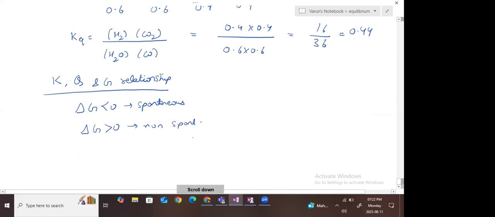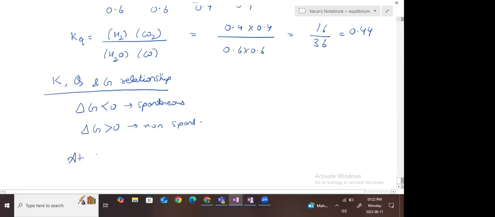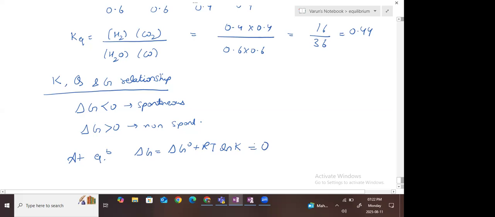So at equilibrium, my delta G will be equal to delta G naught plus RT ln K, and that will be equal to 0 when my reaction is at equilibrium.